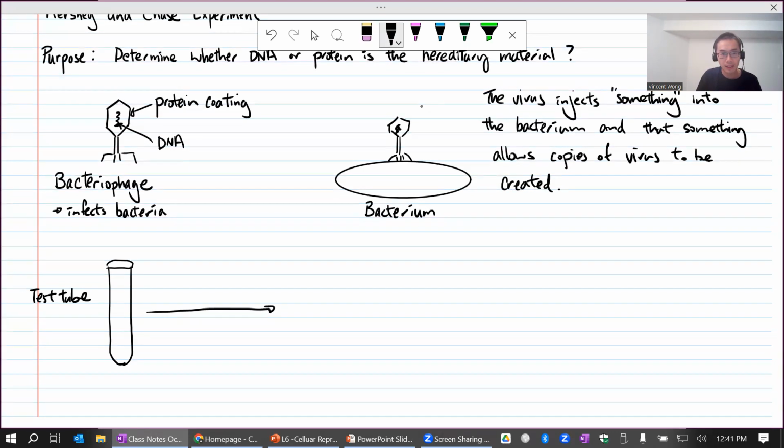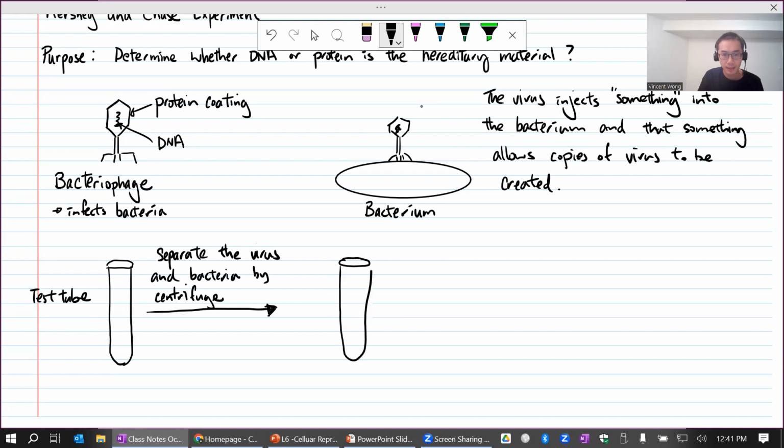They basically separate the virus and bacteria by centrifuge after infection. Centrifuge again is that machine that spins at really high speed. We can use it to separate your blood, for example, if you're at the hospital or at a clinic and people need to test your blood. So afterwards, you separate the virus and the bacteria.